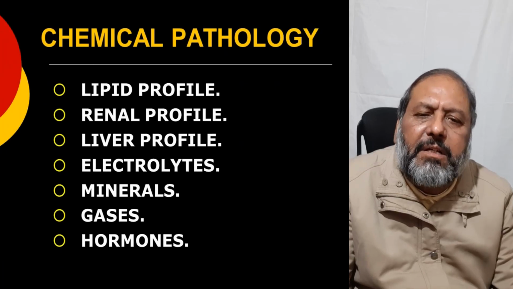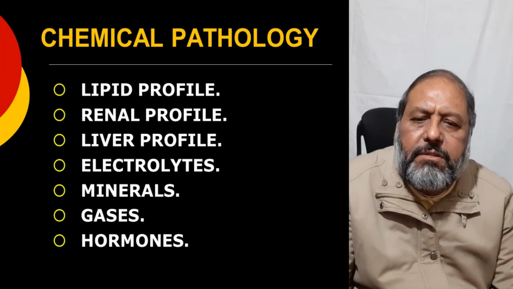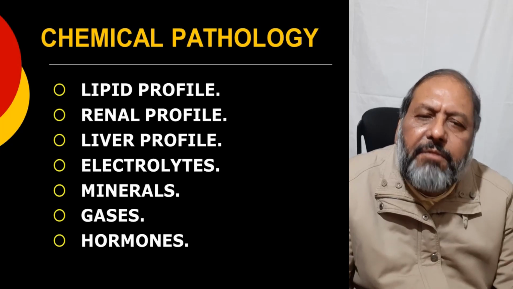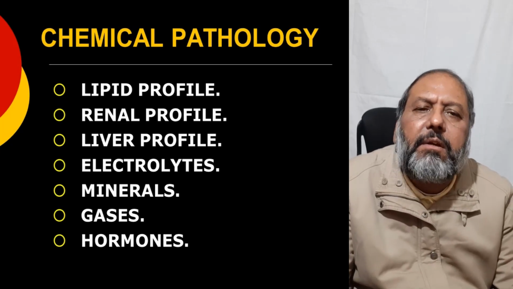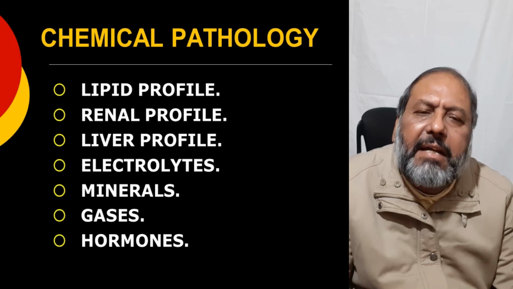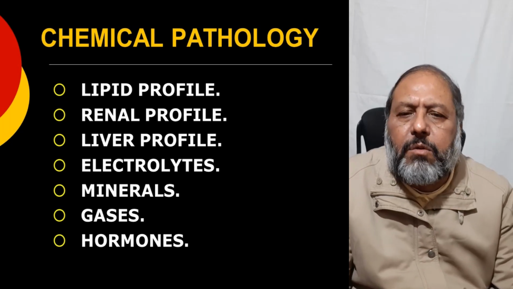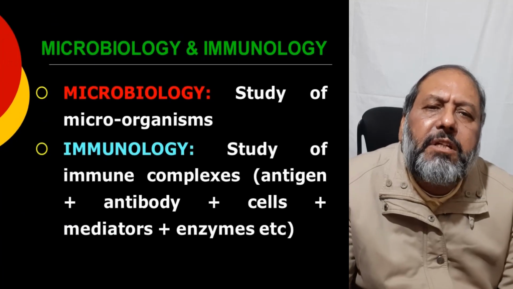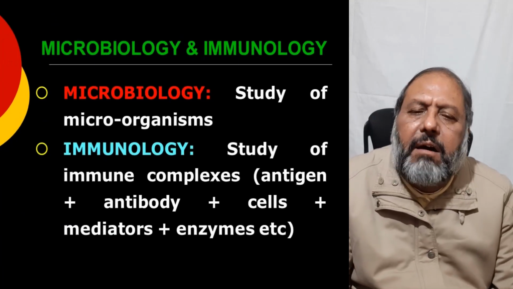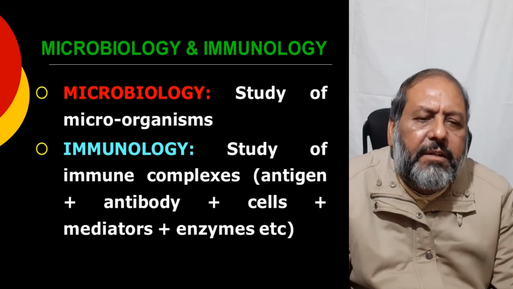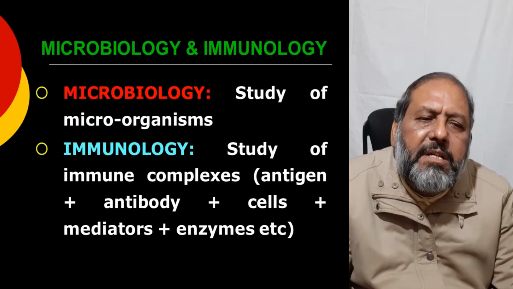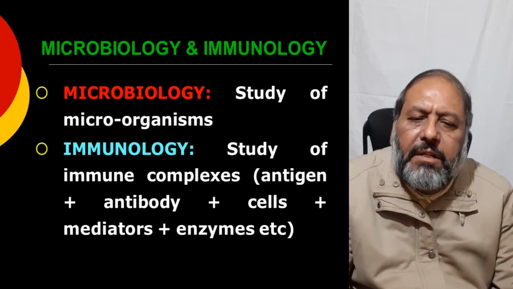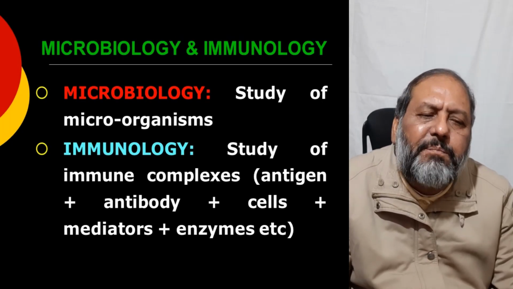Then comes chemical pathology, which tells about the lipid profile, renal profile, liver profile, electrolytes, minerals of the body, the gases in the blood, and the hormones found in the blood. Microbiology and immunology, which is the main subject of today's lecture: microbiology is the study of microorganisms, and immunology is the study of the immune complexes.